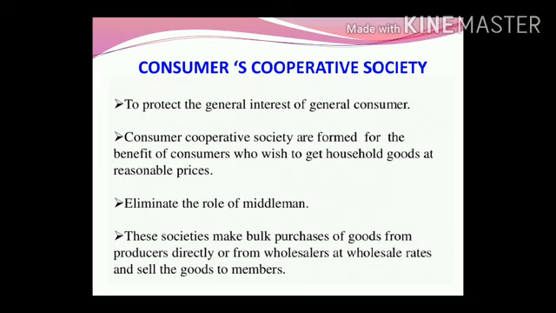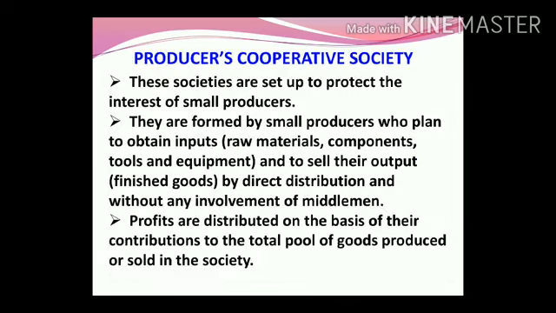And another form of cooperative society is Producers Cooperative Society. These societies are set up to protect the interest of small producers. That means they are formed by small producers who plan to obtain inputs like raw materials, components, tools and equipment and to sell their output, that means finished goods, by direct distribution and without any involvement of middlemen.